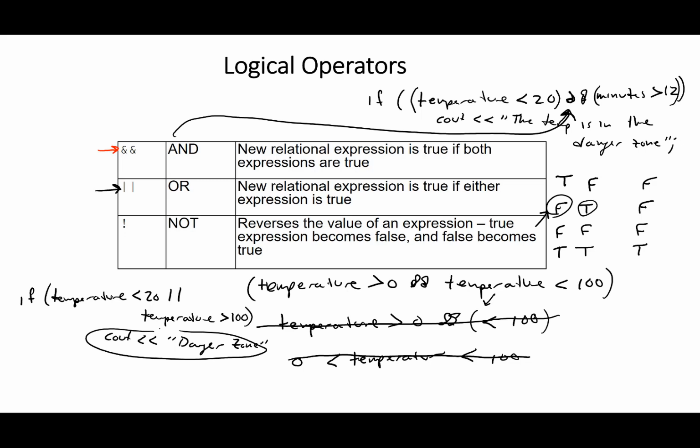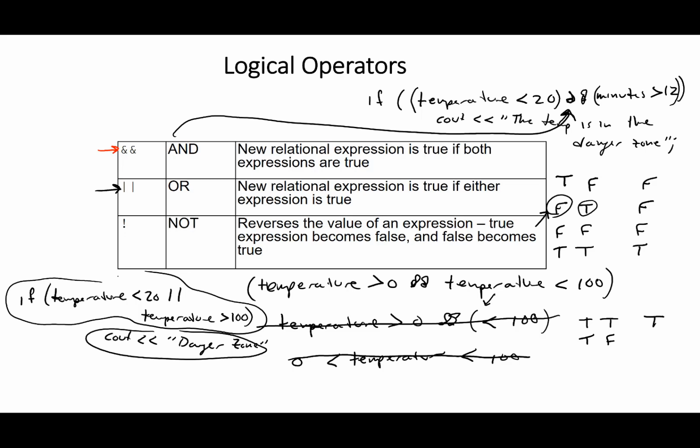And so the way the OR statement works is if they're both true, then this would be true. If one is true and one is false, like in this example here, we have if the temperature is less than 20, or if the temperature is greater than 100. If the temperature is 15, that's true.